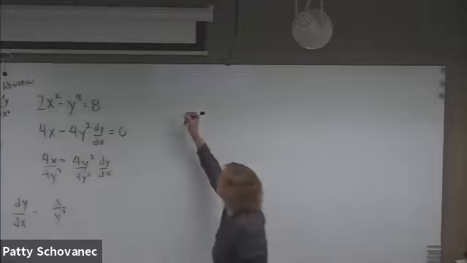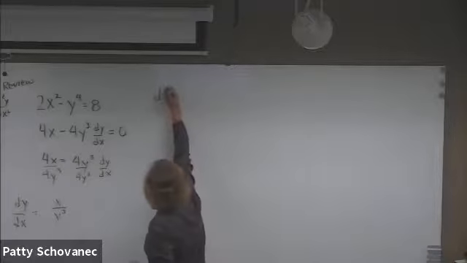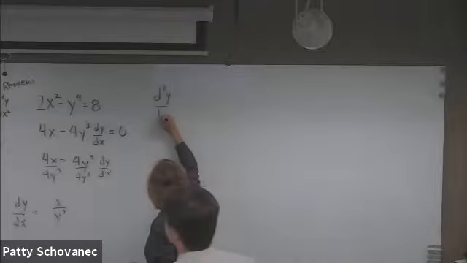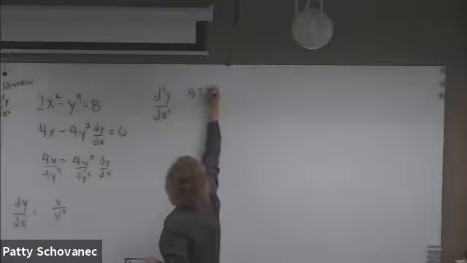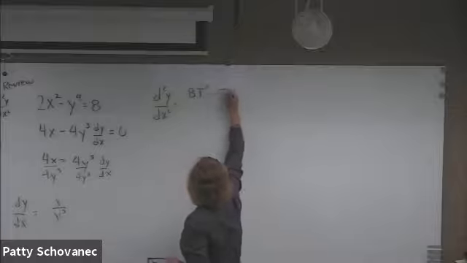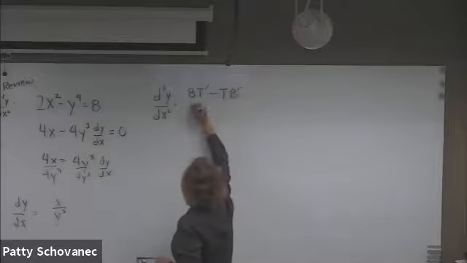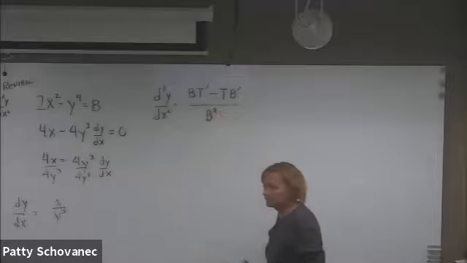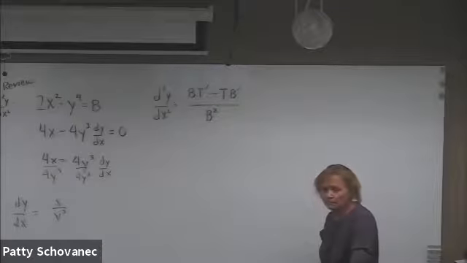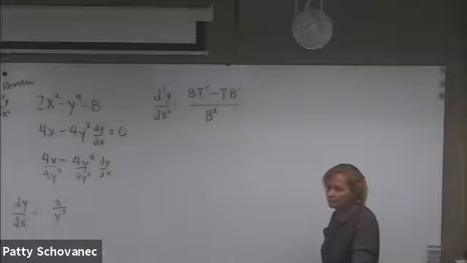I'm going to do the quotient rule to get the second derivative. So we're going to do the bottom times the derivative of the top minus the top times the derivative of the bottom, over the bottom squared. So I'll let you try it first.